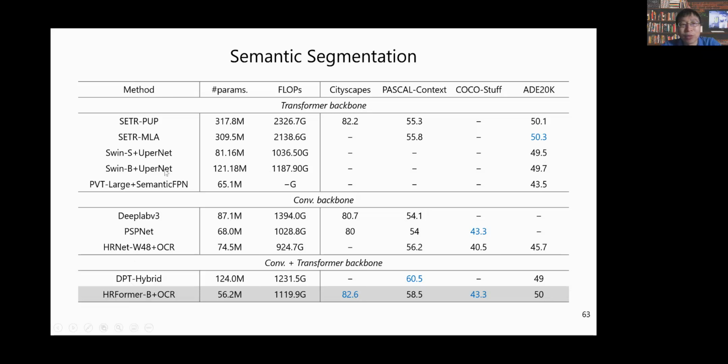For example, compared with Swin-B, our result is even better. And for PASCAL-Context, our method is lower than DPT-Hybrid, but the result from DPT for ADE is lower than ours.